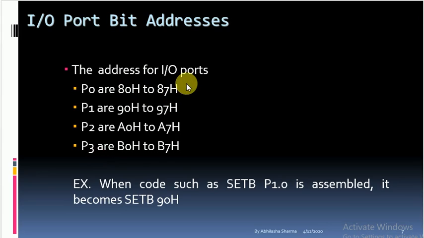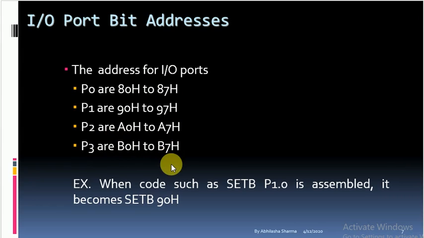There are different addresses used with the different ports. For example, port 0 is defined at the address 80 to 87H. Similarly, the address for port 1 is from 90 to 97H. For port 2, the address is from A0 to A7H, and for port 3, the address is from B0 to B7H.